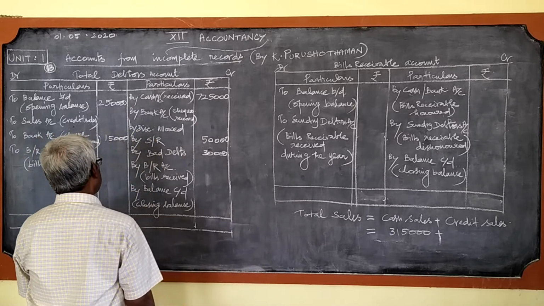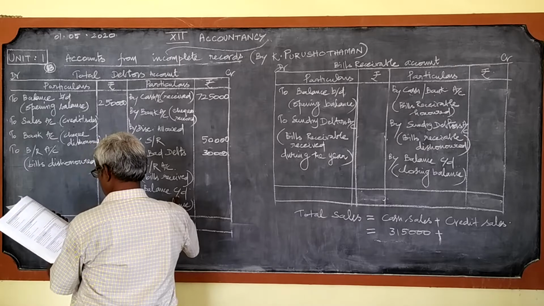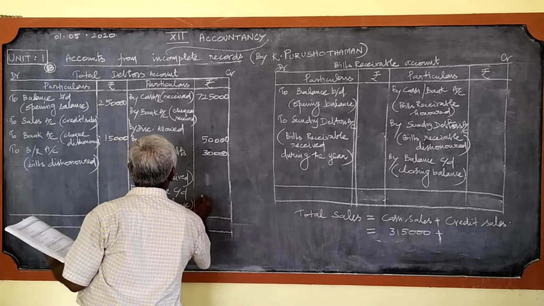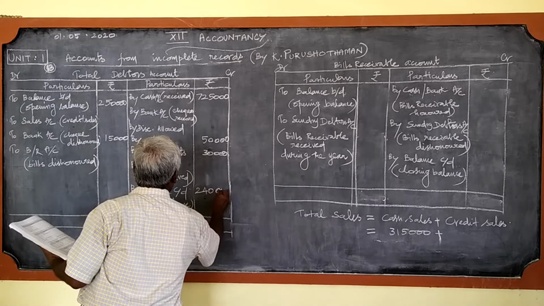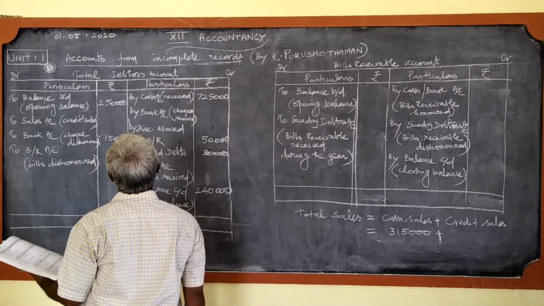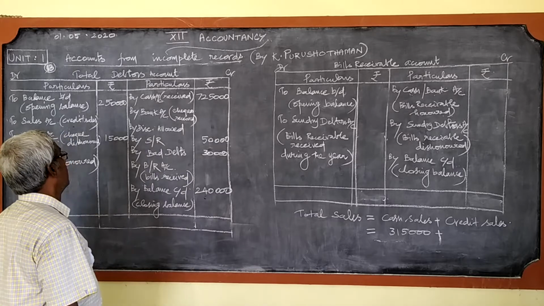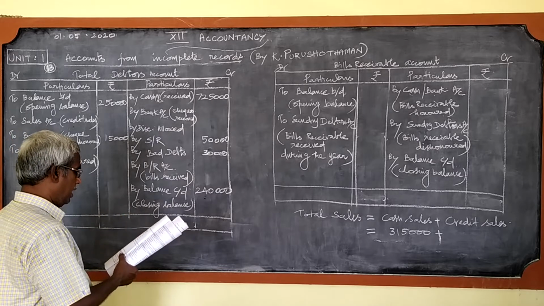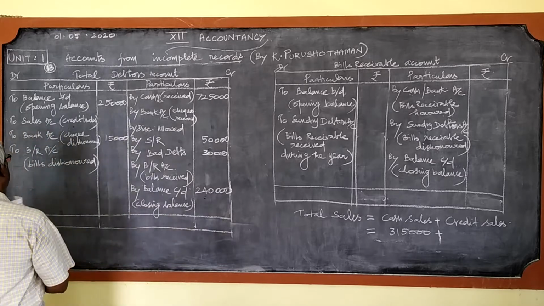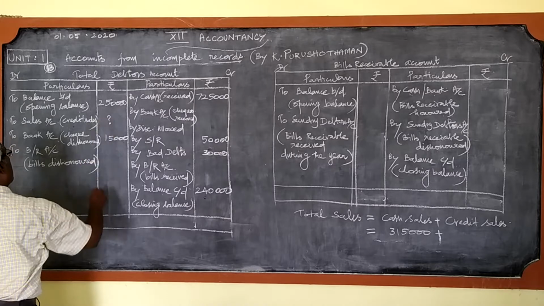Then the next item is sundry debtors on 31st March 2019. That is the closing balance of sundry debtors. This is 2,40,000. But to find what we are supposed to find, the credit sales, we should first find what is missing here.